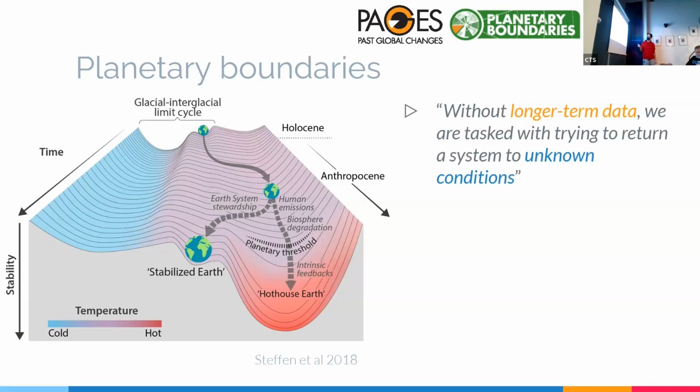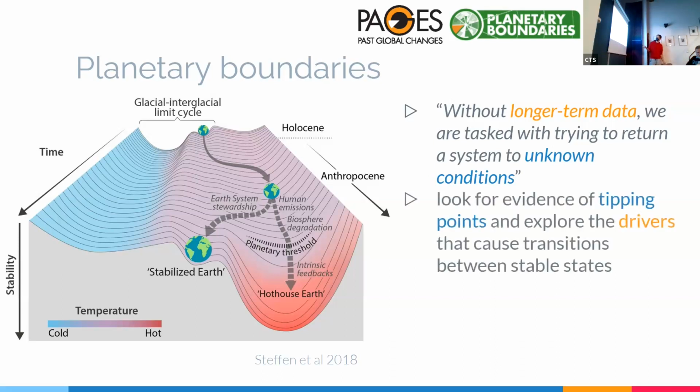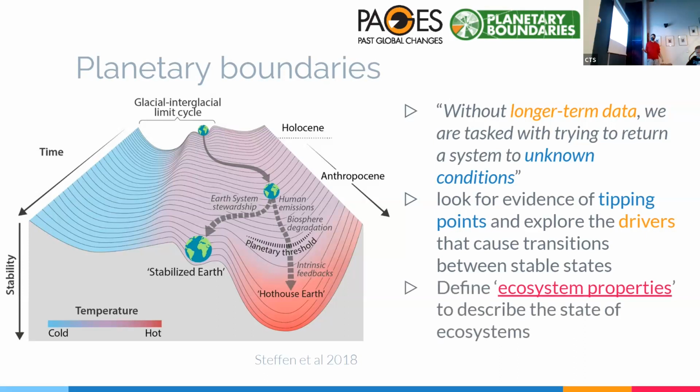But if we don't know the long-term data, we are trying to return it to an unknown condition because we don't know what the condition actually looks like, right? So we need to look for the drivers that cause this transition, going to stabilized or hothouse. We need to know who's doing this. And therefore, we need to define ecosystem properties.